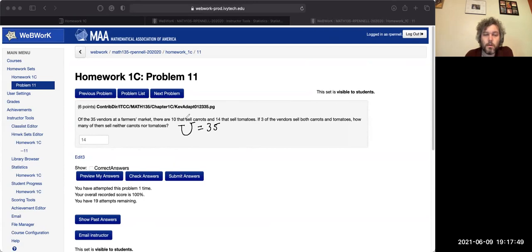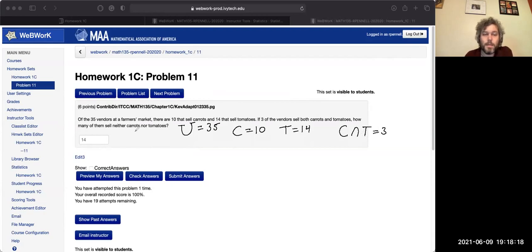There's 10 that sell carrots. So I'm just going to say that C equals 10. 14 sell tomatoes. So I'm going to write T equals 14. And 3 of them sell both carrots and tomatoes. So if you let carrots be C and tomatoes equal T, then C intersect T must be 3 by the given information.